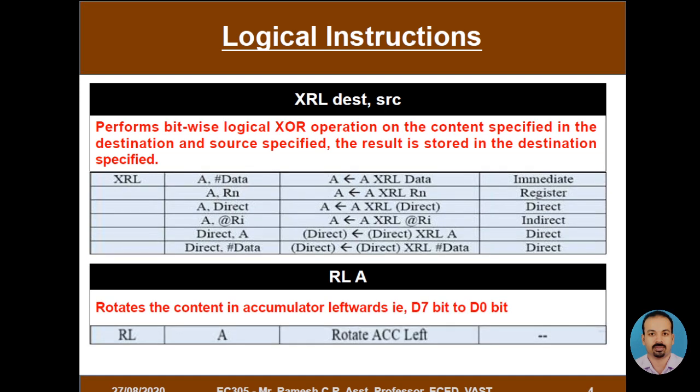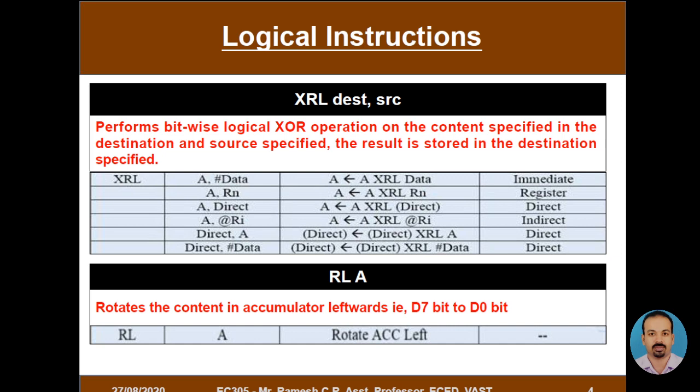Then we have XRL destination comma source, which performs the exclusive OR operation on the two operands. So for the first four instructions of this basic type, the XORed resultant will be available in the accumulator, or we can say that the accumulator content undergoes a logical exclusive OR operation with a content either specified in the register, or specified as immediate data in the instruction, or specified as the content of the direct memory specified in the instruction, or as the content of the memory pointed by the pointer register.